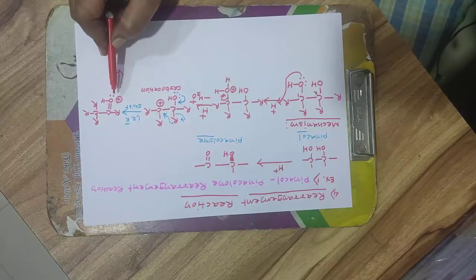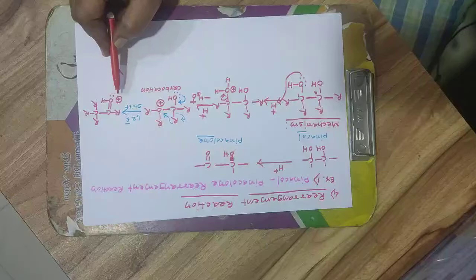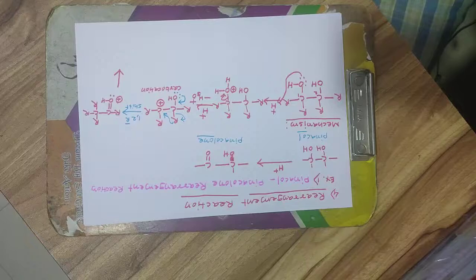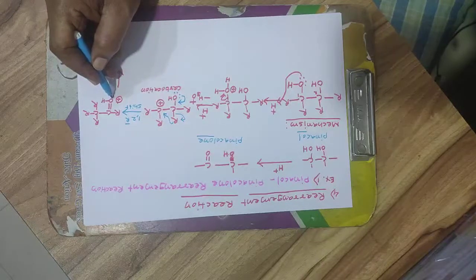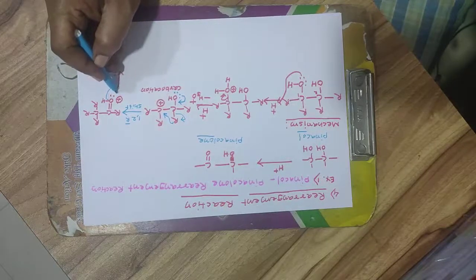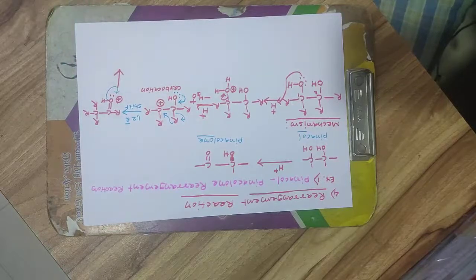The tendency of an atom to attract electrons towards itself is called electronegativity. So here, the sigma bond between the oxygen and hydrogen will shift onto the oxygen. So there is a neutralization of the positive charge and it regains its lone pair.